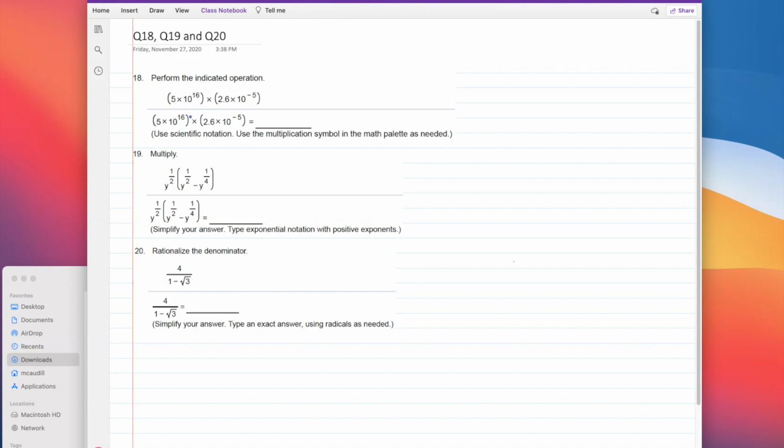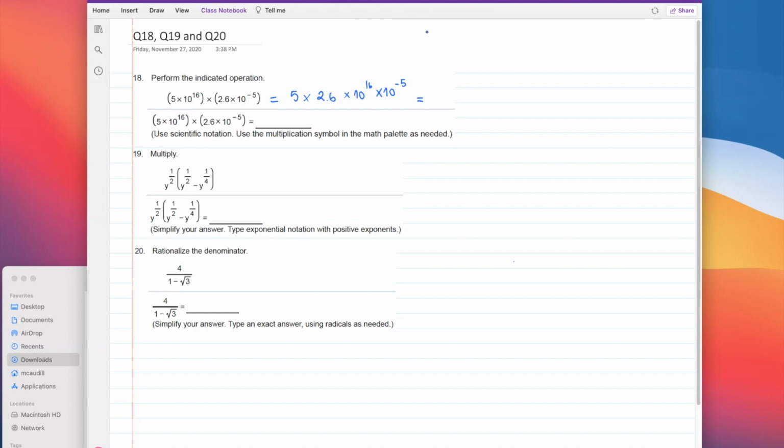Thanks to the commutative property of multiplication, I can switch the position of the numbers and not change the product. I can rewrite this expression as 5 times 2.6 times 10 to the 16th power times 10 to the negative 5 power.